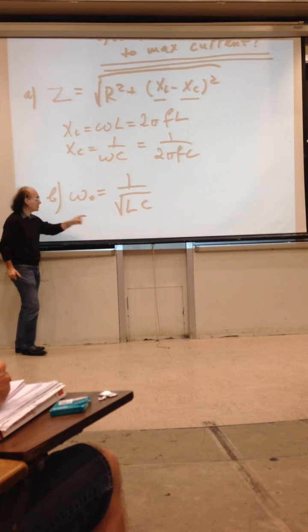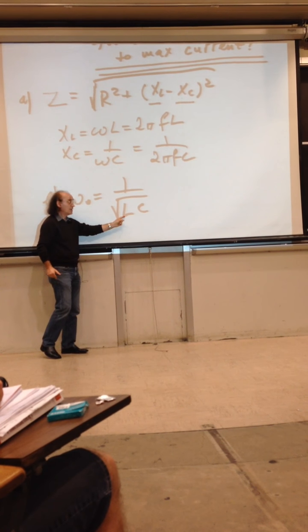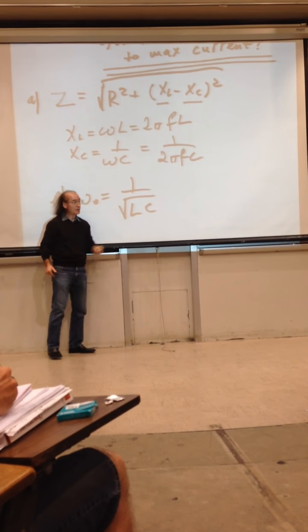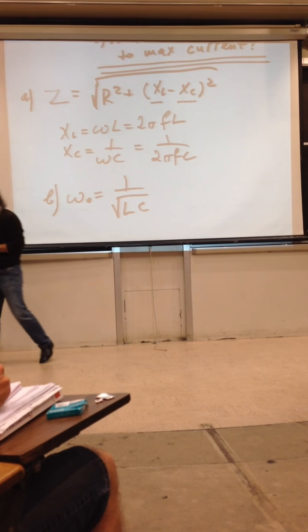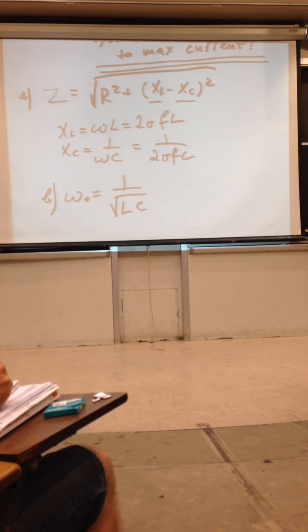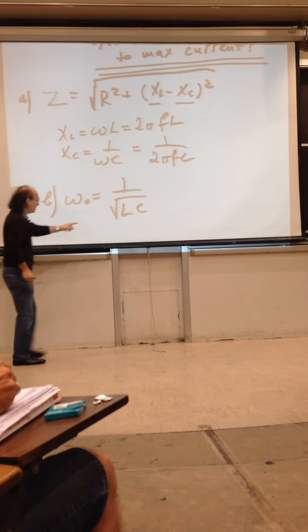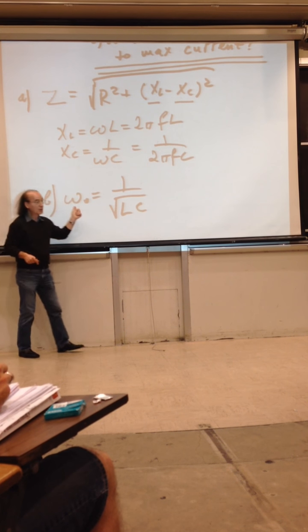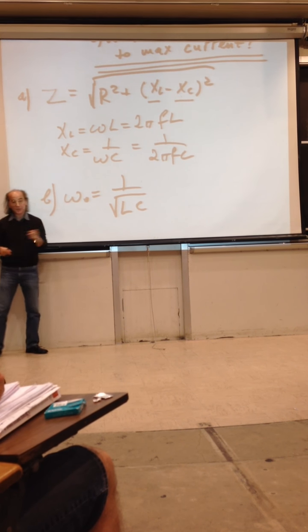Or at this frequency, you can change any of these, either inductance or capacitance, which is basically occurring when you are tuning your radio, you are changing either inductance or capacitance to get maximum current at certain frequency.